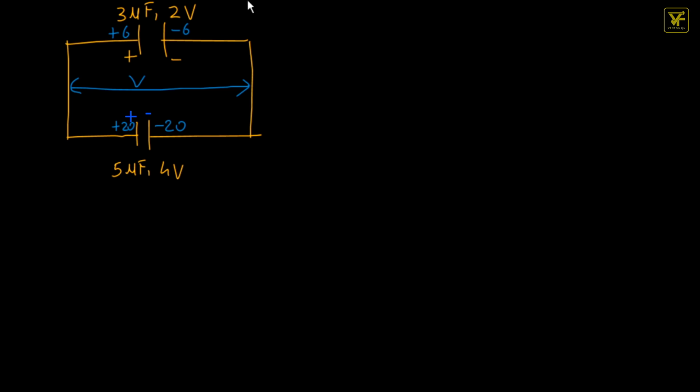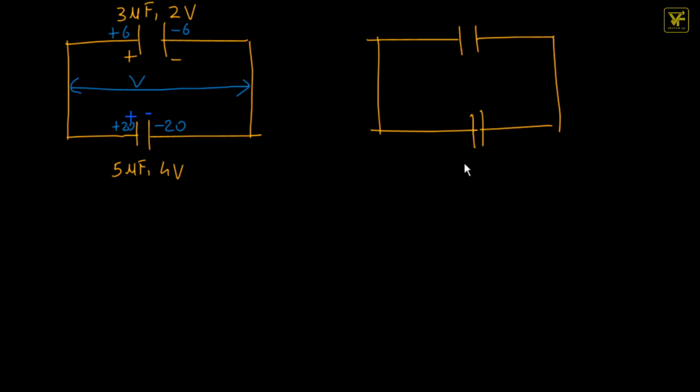The first method is this. I'll just redraw the circuit. This is 5 microfarads and this is 3 microfarads. Now what happens is, say this one had 6 microcoulombs.